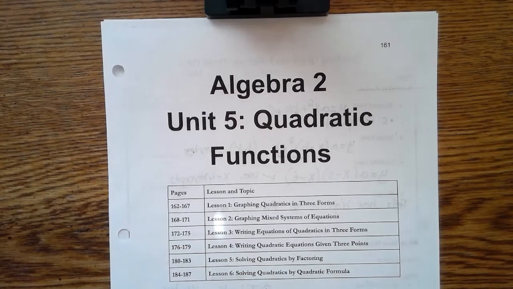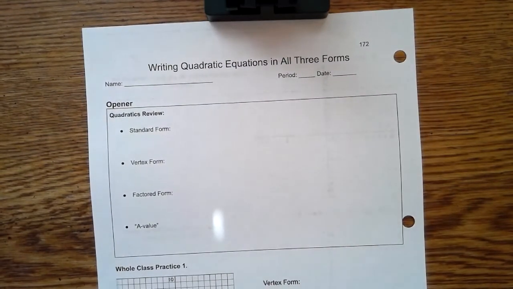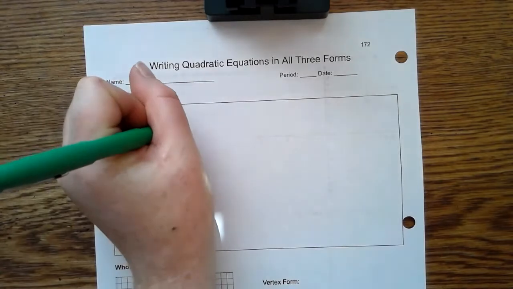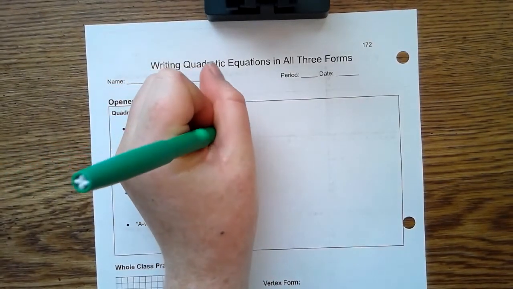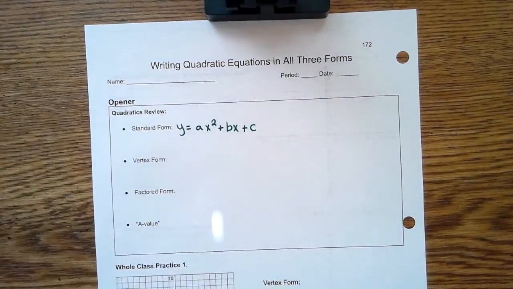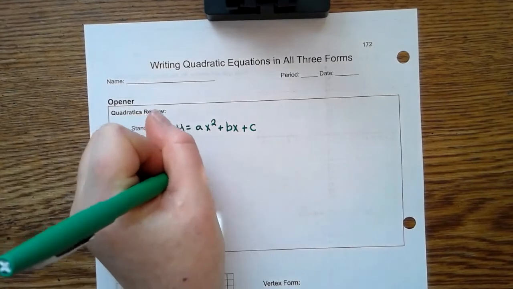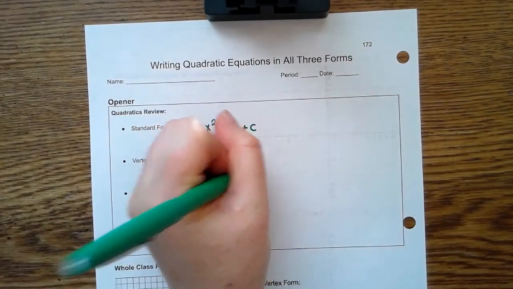Let's get to work. Okay, so quick review here. We've been graphing in three forms. Now we're going to write equations in three forms. Standard form is y equals ax squared plus bx plus c. Vertex form is y equals a, x minus h squared plus k.